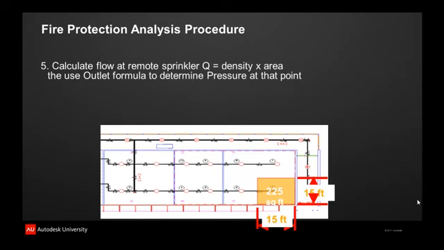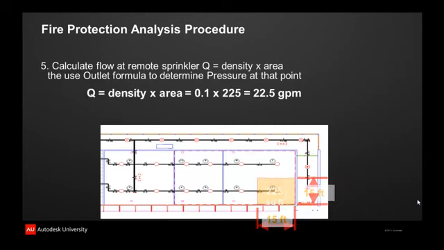Step 5 of our procedure was to calculate the flow at the most remote sprinkler based on the formula Q equals the density times the area. Remember, the density was 0.1, and the area for that worst sprinkler is 225. So that gives us the density times the area is 0.1 times 225, or 22.5 gallons per minute.